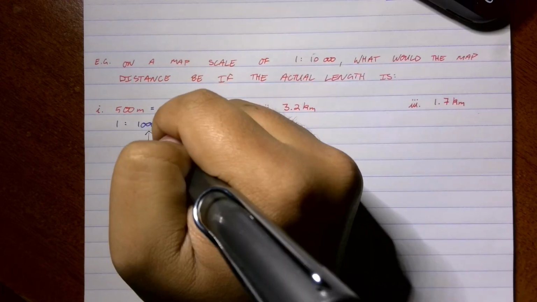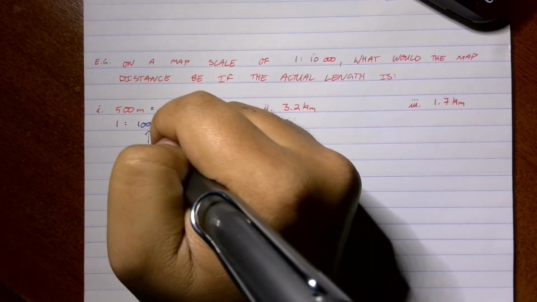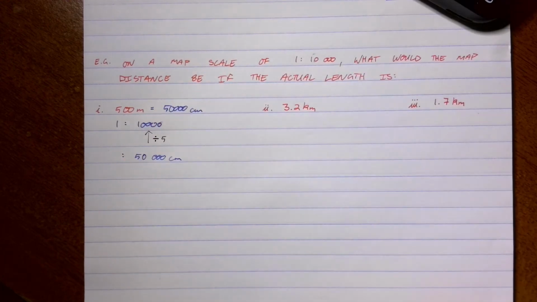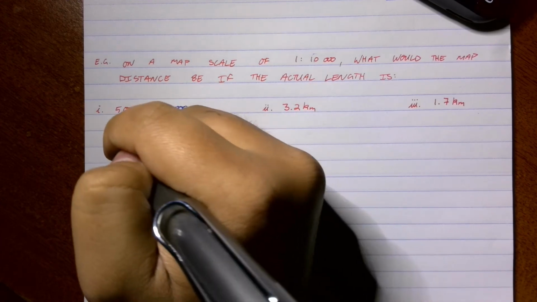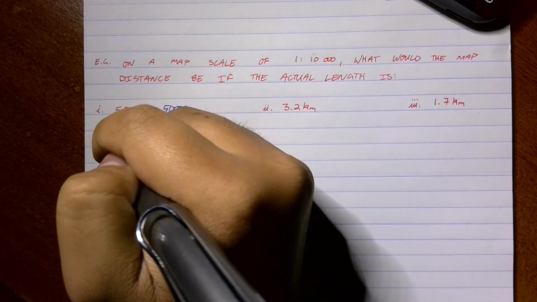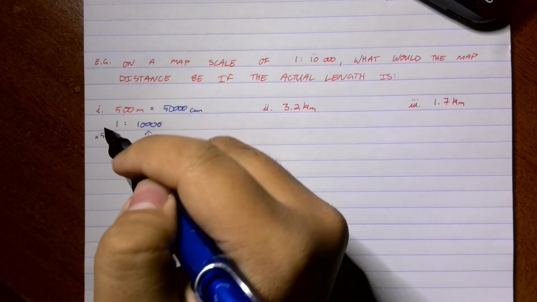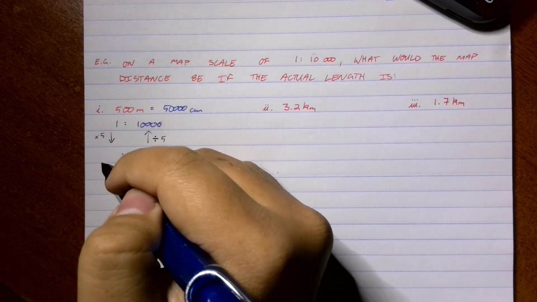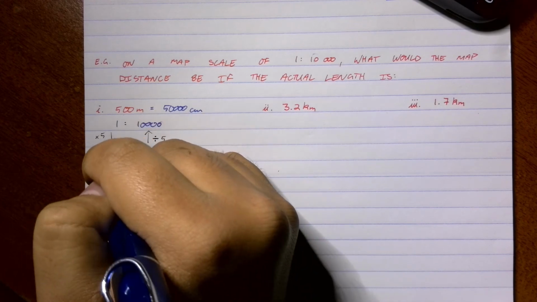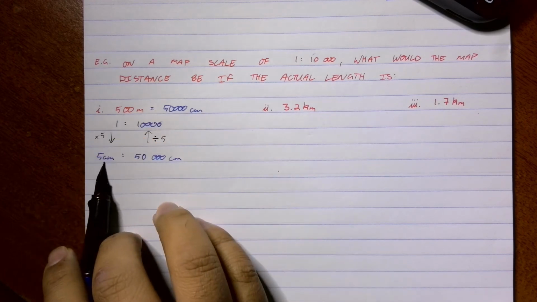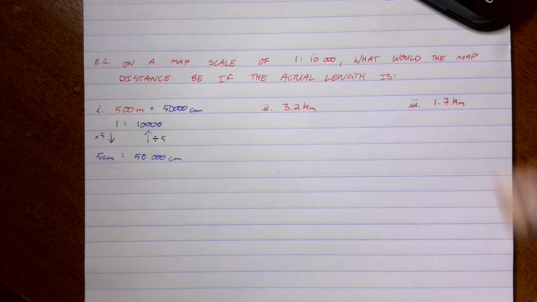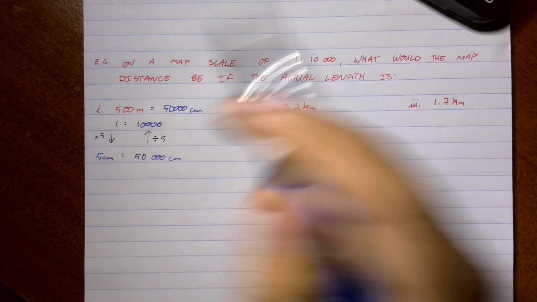So we're dividing by 5 to get to this point. Which means going the other way, we need to multiply it by 5. So the map distance would be 5 centimeters, representing 50,000 centimeters or 500 meters.